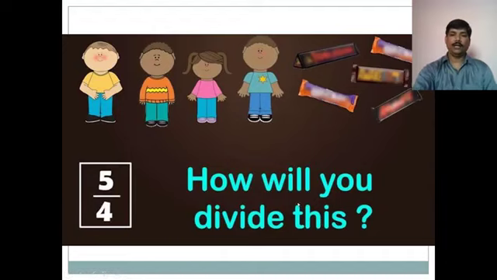How will you divide this? There are 4 children and there are 5 chocolates. How will you divide? It means these 5 are divided among 4. Let's see.